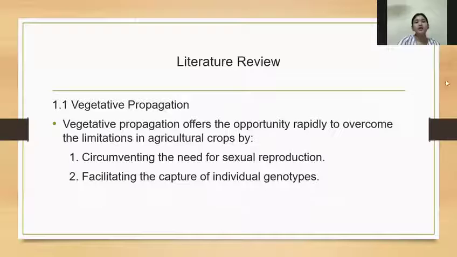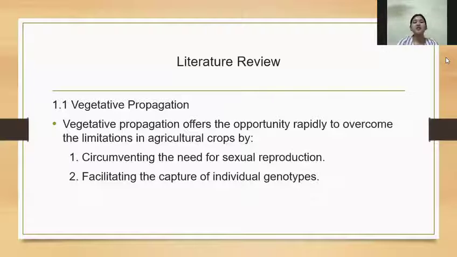So for literature review, we divided it into two parts, which are vegetative propagation and cutting method. So for vegetative propagation, it offers the opportunity to rapidly overcome the limitations in agricultural crops.